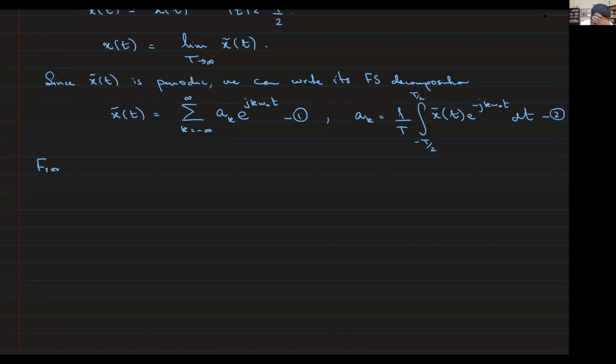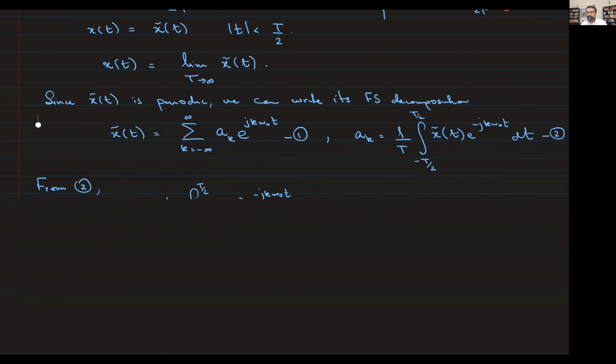From equation 2, can I say the following, that a k is equal to 1 upon T integral from minus T by 2 to plus T by 2, and instead of x tilde of t, I just write x of t. Does that make sense?